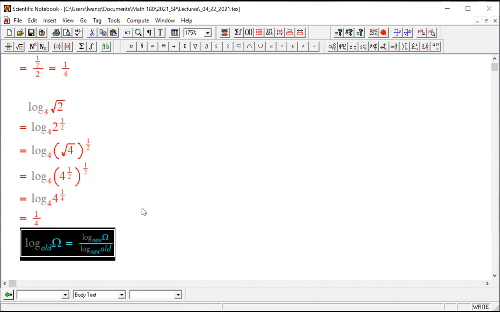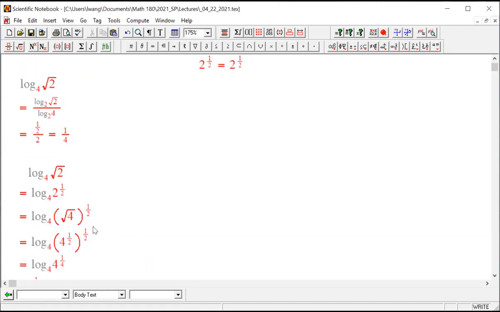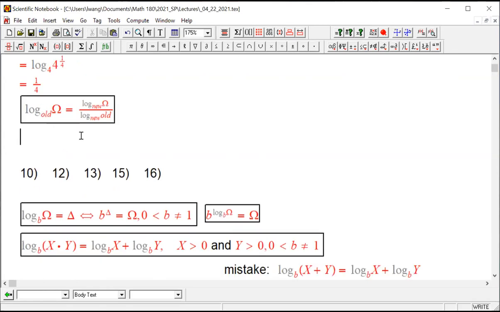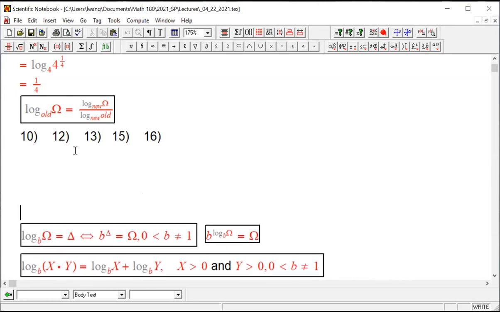Because of this formula, our calculators do not need so many buttons for logarithms. So now we're done with number 9. How's your work on numbers 10, 12, 13, 15, 16? How's it going?